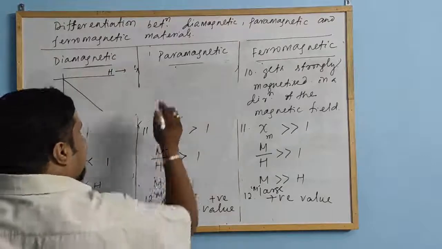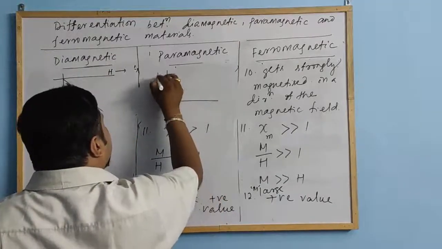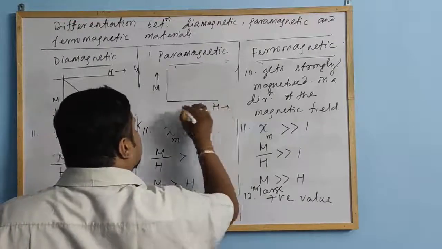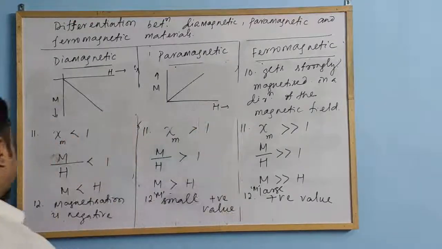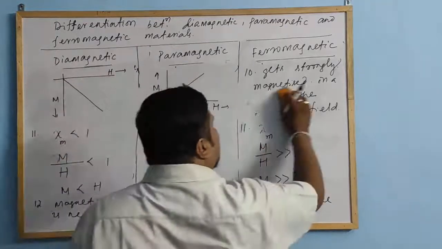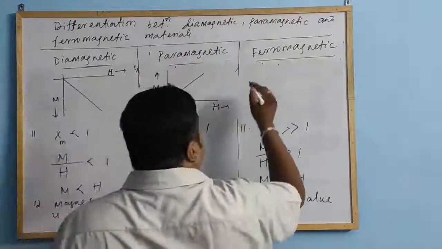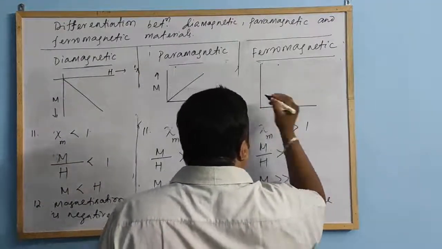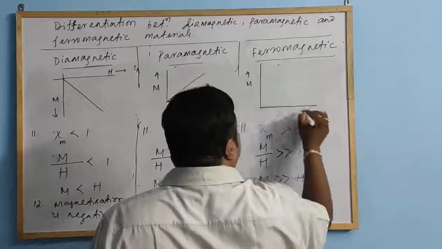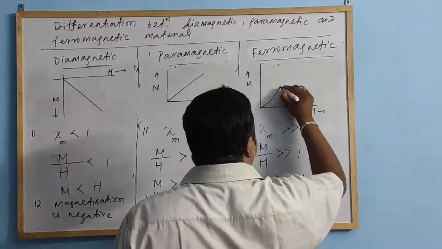In case of para, if you plot a graph, because it is positive, magnetization versus magnetizing field is proportional. But in case of ferro, it is not exactly proportional. If you plot between M and H, we will get a curve like this.